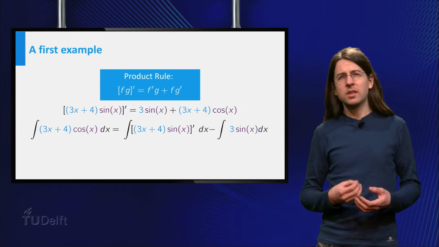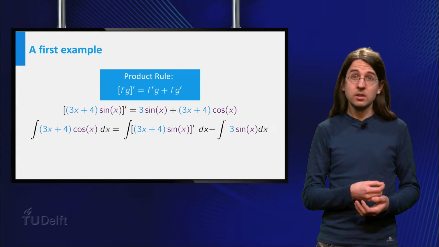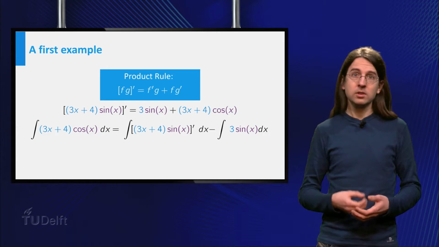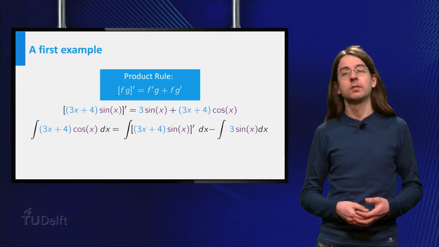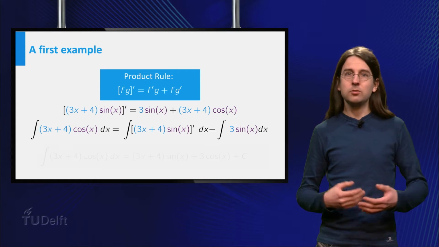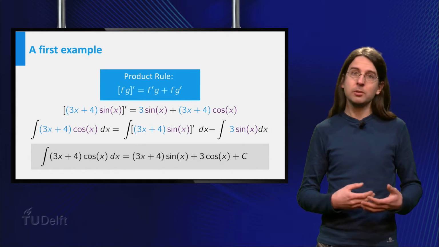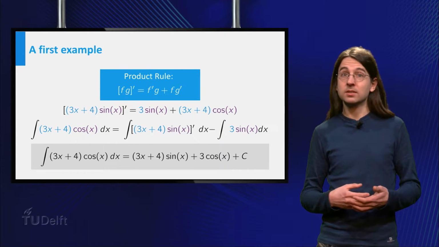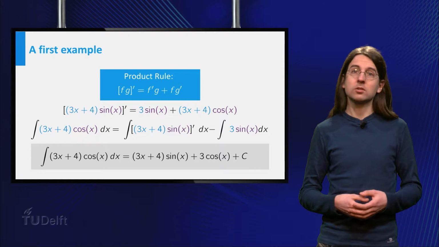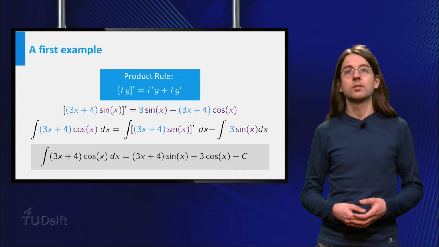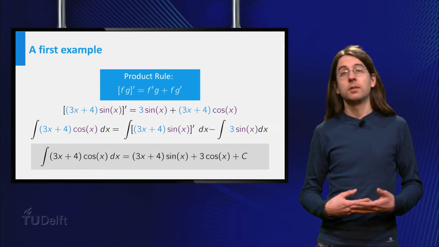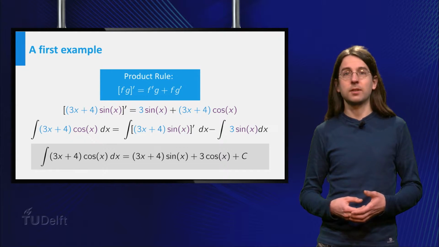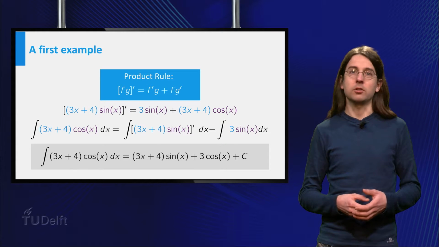Now we know that a primitive function of a derivative equals the original function. Moreover, we know a primitive function of the sine. Thus, we obtain that the integral of (3x + 4) times cosine of x equals (3x + 4) times sine of x plus 3 times cosine of x plus a constant. We have just calculated the integral of the product (3x + 4) times cosine of x by reversing the product rule.